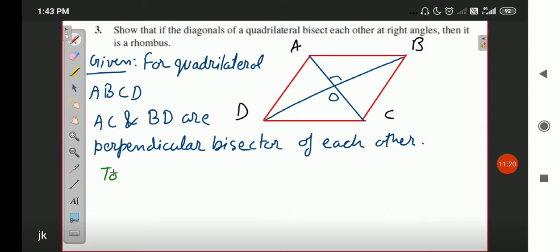What we need to prove? We need to prove that ABCD is a rhombus.